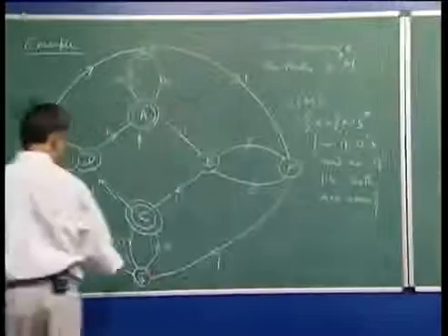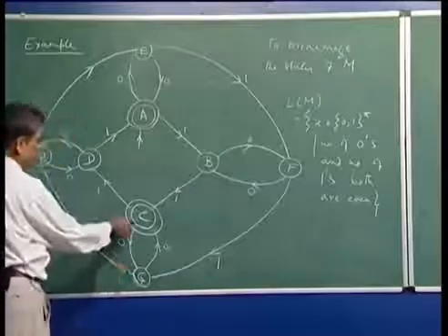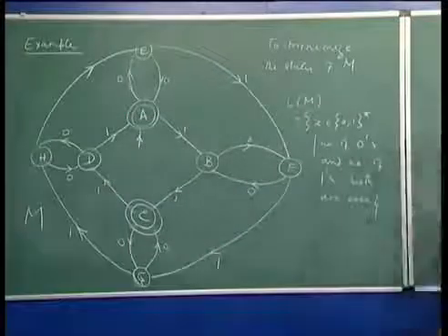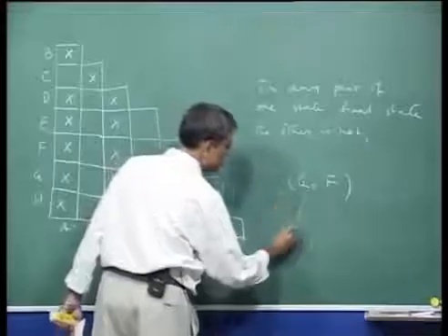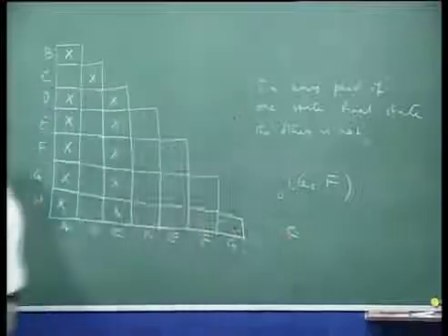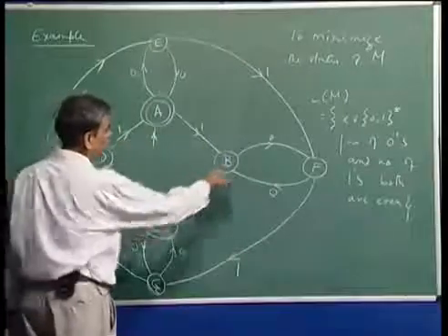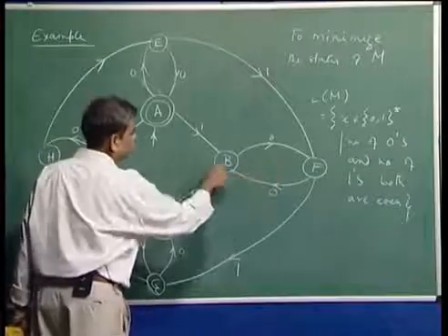G on 0 goes to C. So, let me write that here. G on 0 goes to C, and F on 0 comes to B.